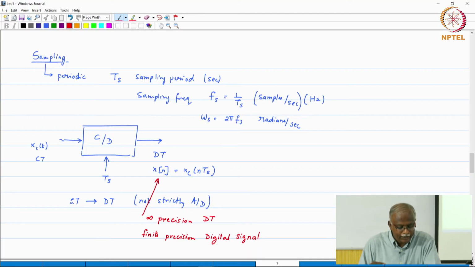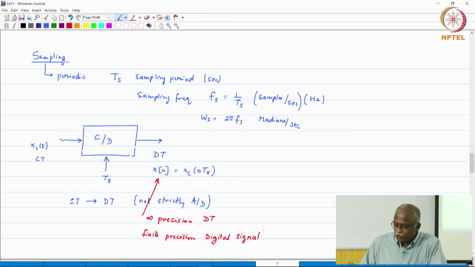Though we will talk about A to D as an application of multi-rate signal processing, I just want you to keep in mind that for us going from continuous time to discrete time involves representing the signal quantized in the time axis, but not in the amplitude dimension. There I have infinite precision. So, the difference between A to D and C to D would be very important for us. We are primarily talking about a C to D.